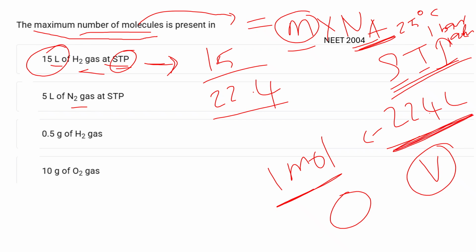I have only 15 liter, so take the ratio between 15 liter and 22.4 liter to get the number of moles. 15 divided by 22.4 gives 0.6696. This is for the first option.